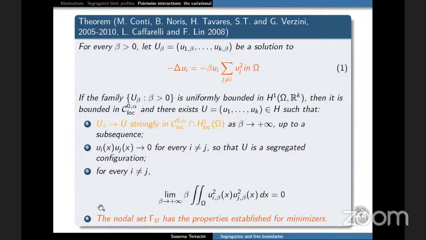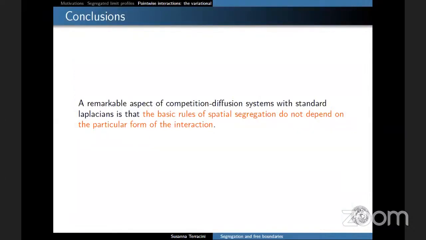And then not only can we look at the limiting profile of families of solutions, of any type of solution, which have an initial bound in H1, the limiting profiles have exactly a nodal set sharing the very same properties as the minimizers of the energy.